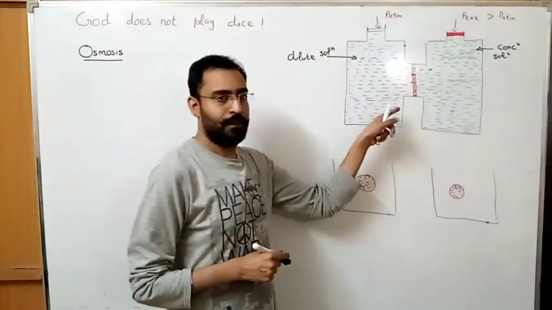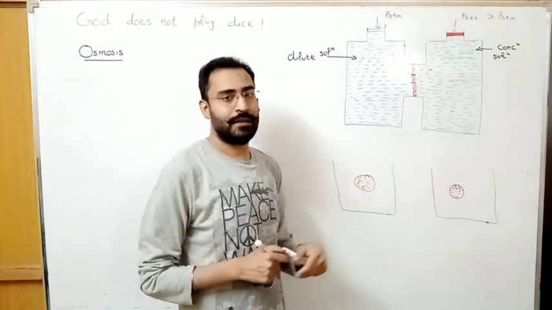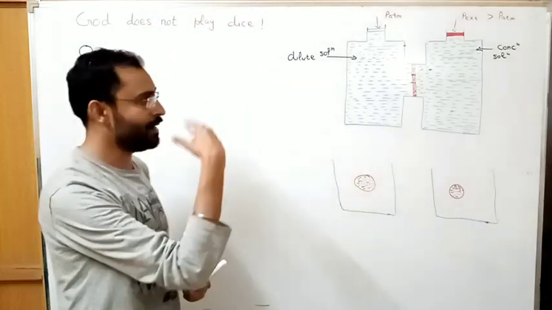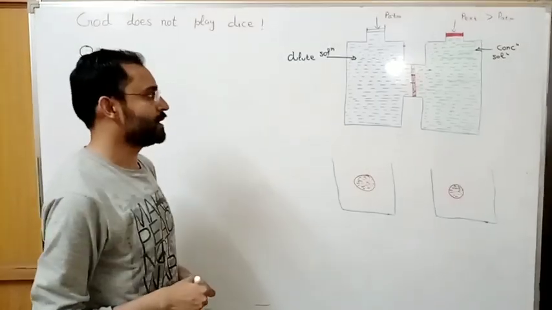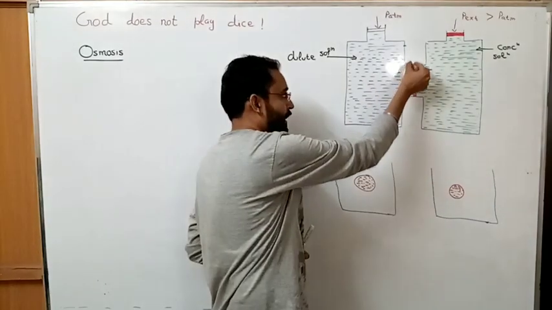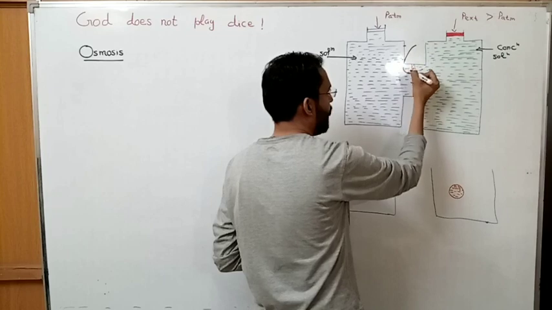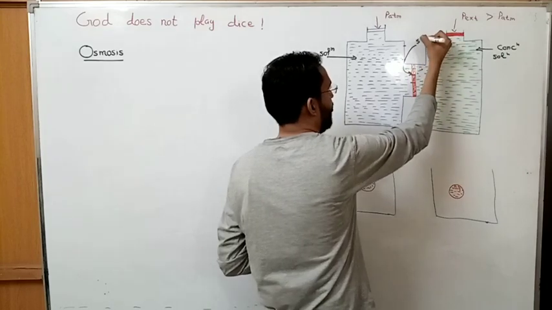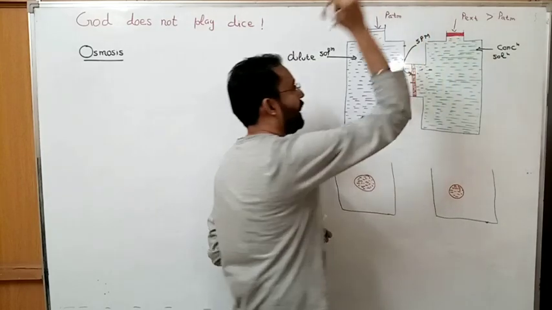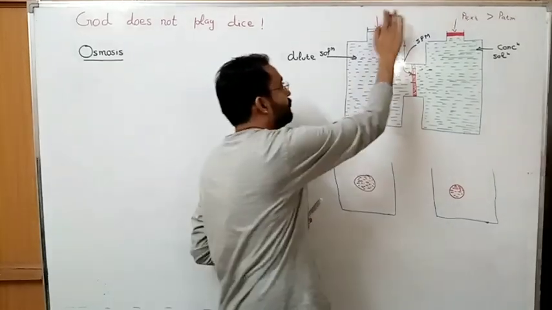Consider this diagram. On my left hand side, there is a dilute solution. On my right hand side, it's a concentrated solution. The one in red, this one is a semi-permeable membrane, SPM.